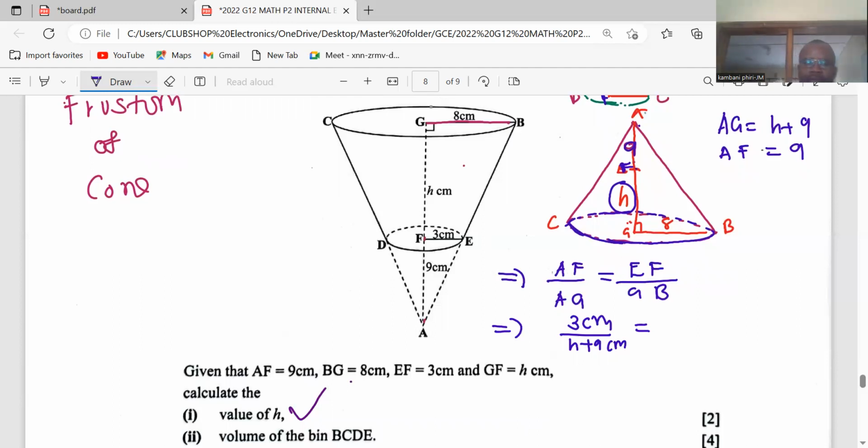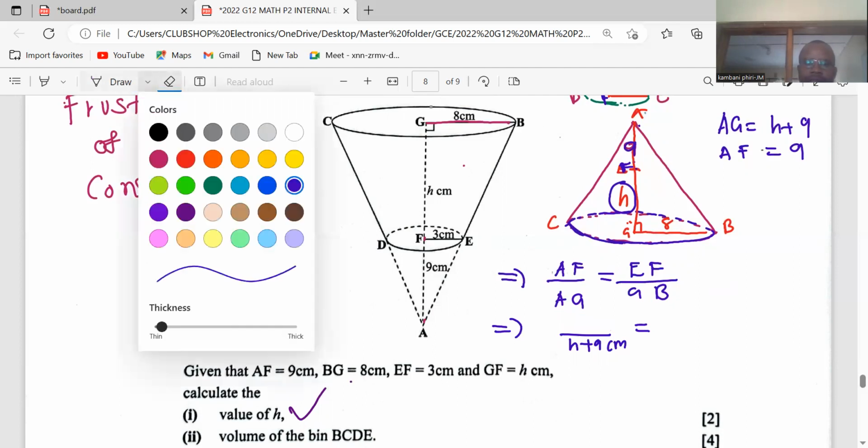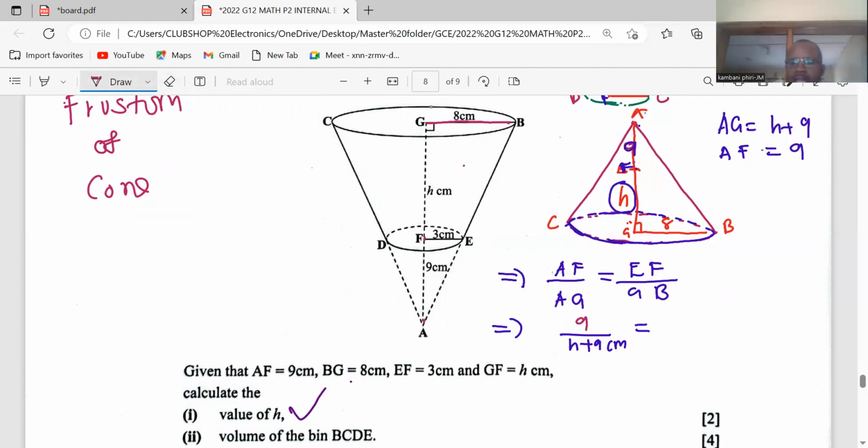This is equal to EF, AF, sorry. I think AF is not correct. AF is 9. Then EF is 3 centimeters. GB is 8 centimeters. Okay, so you can cross multiply.